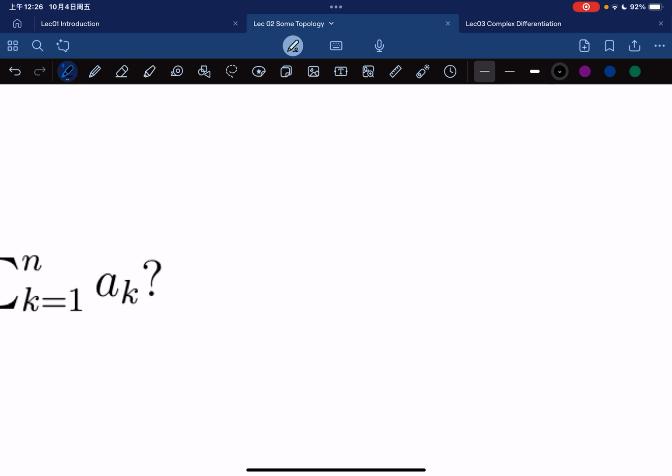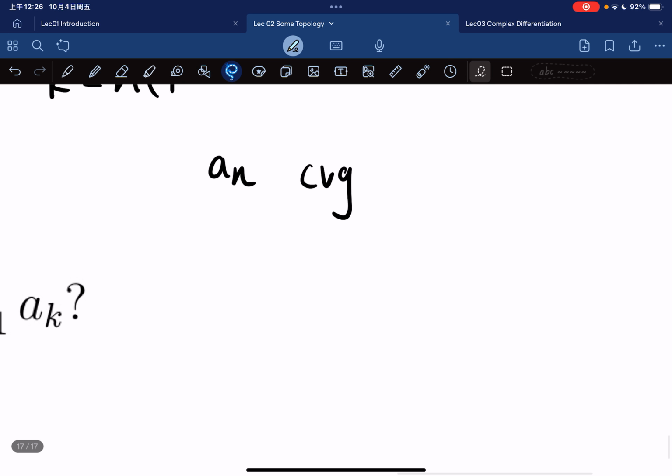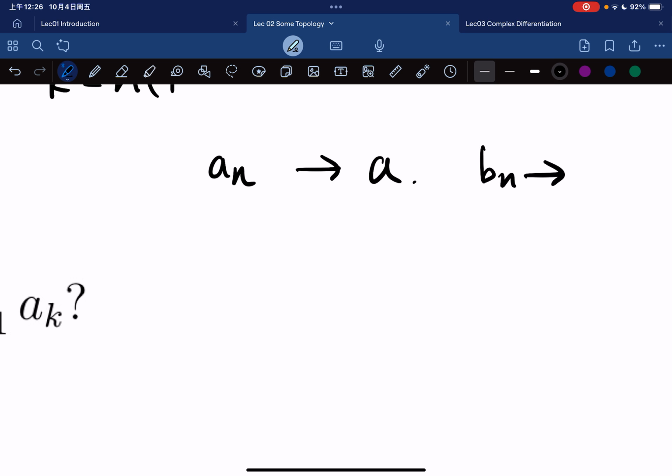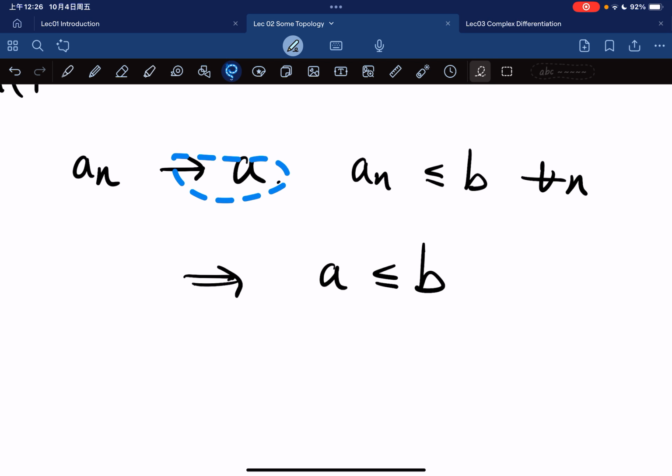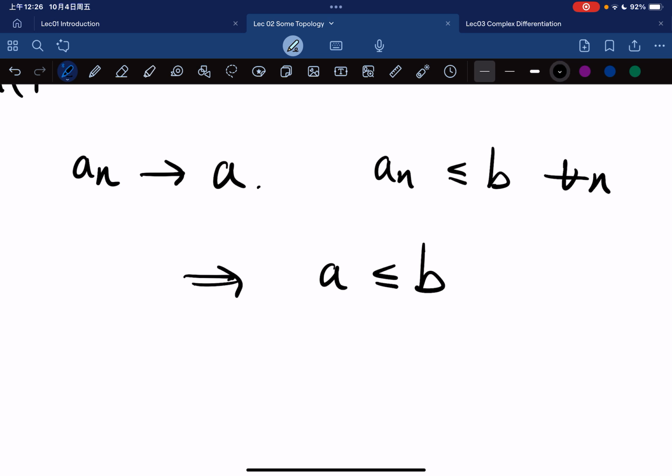If a_n converges to A, and a_n is less than or equal to B for all n, then A is less than or equal to B. This is the thing that you might have learned in first year, so try to prove this if you forgot.